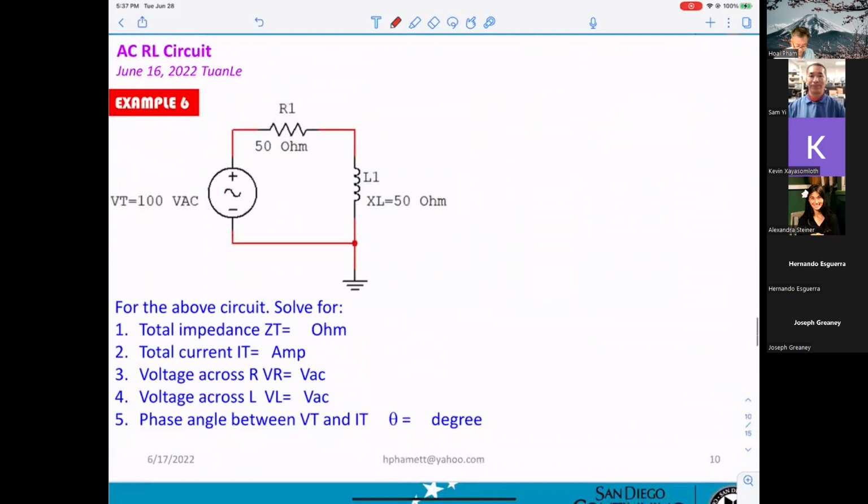Now, based on the formula we just gave you, can you do a calculation for me? Z total is the square root of R squared plus XL squared.